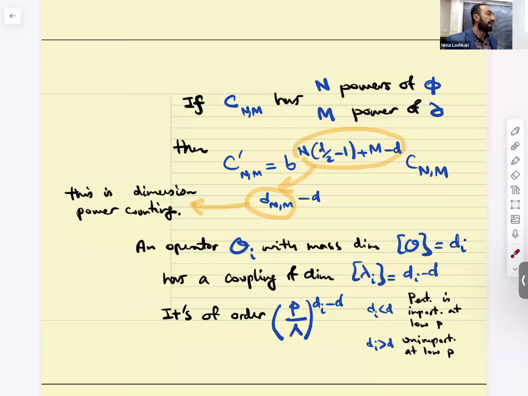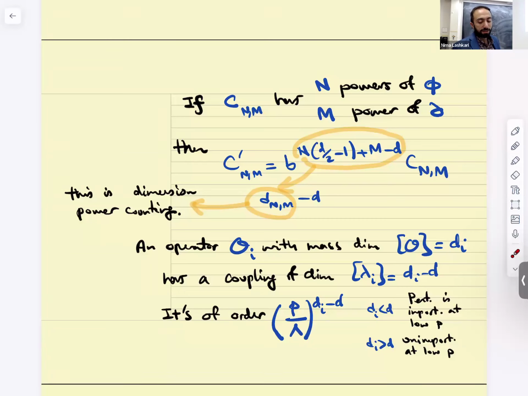You can do a simple naive dimension counting. You can count n powers of phi and m powers of derivatives and call that operator C_nm. The naive dimension counting of that operator is like this, so it scales this way on the RG flow: b to the power of n(d-2)/2 plus m minus d.